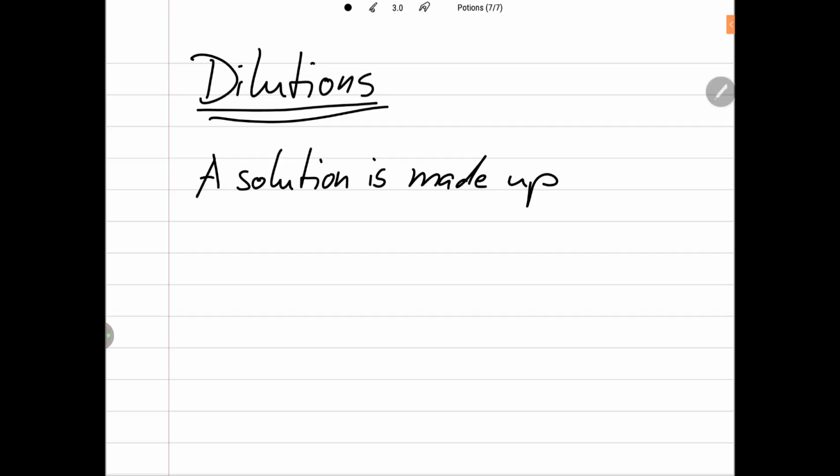And this solution, that is just something that you work with, or rather, that has been provided. This thing is called a stock solution. That's a solution that has been made up.